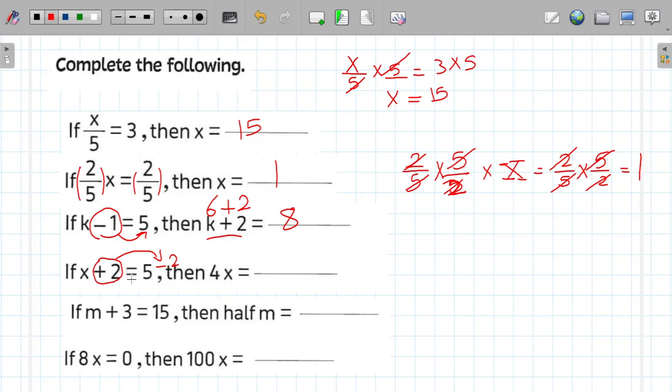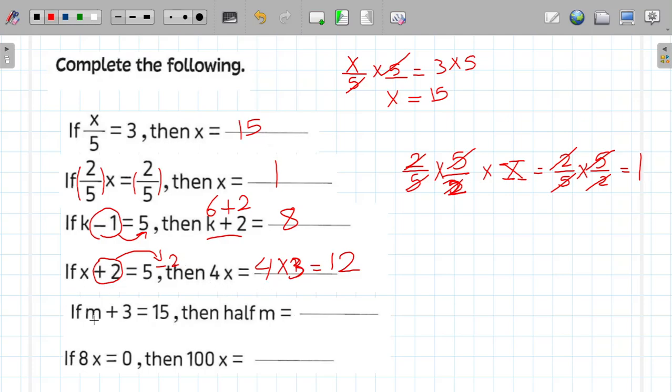So the value of x will be 3. So I can say 4x equals 4 times 3 equals 12.